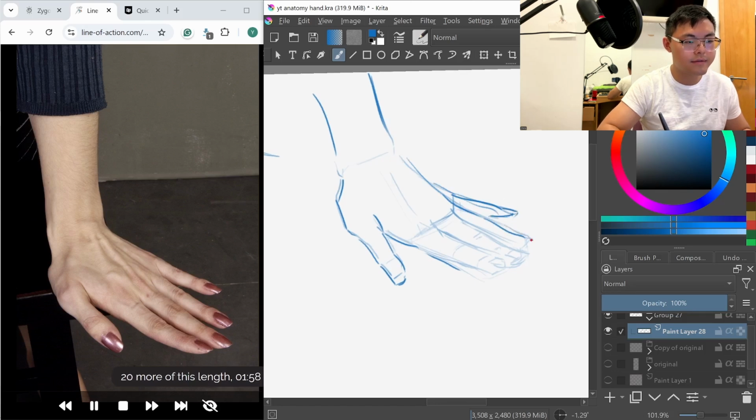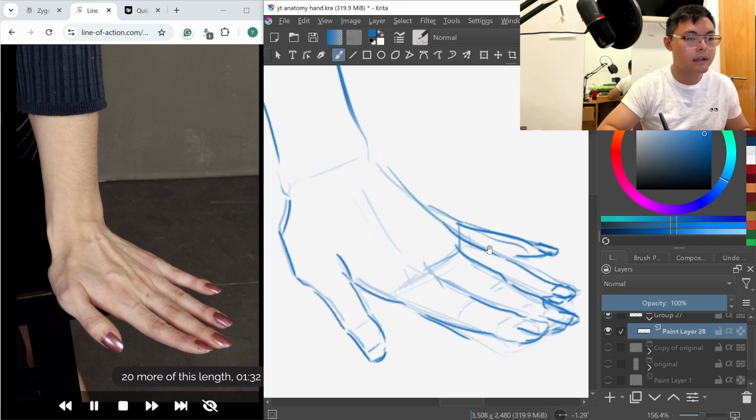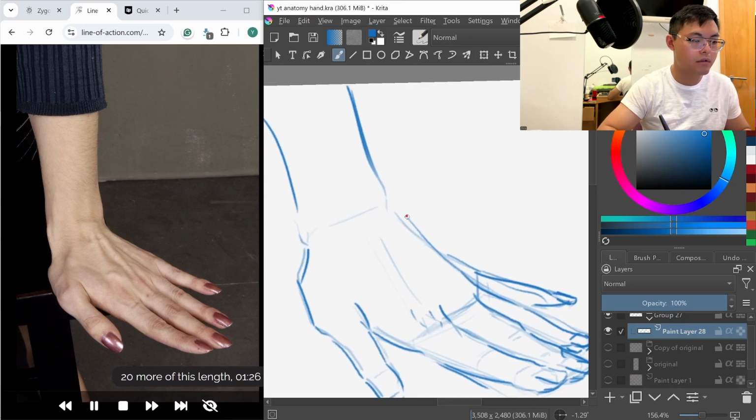There, yeah, here we go. This is a woman's hand, so you don't need that much detail of these tendons.